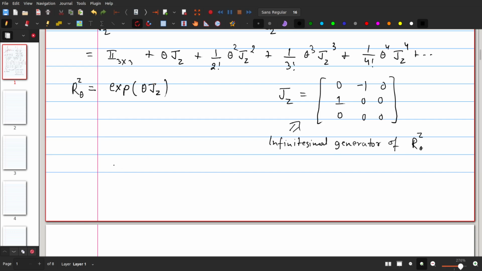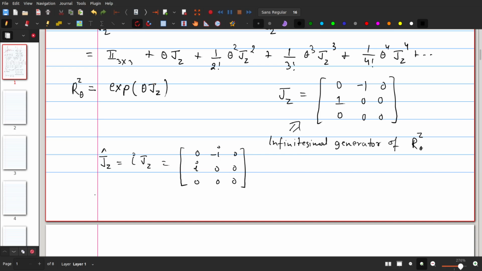In physics literature, instead of writing our generator as a real antisymmetric matrix, we usually write them as Hermitian matrices. So we define a new matrix jz cap as I times jz, and this matrix is 0 minus I 0 I 0 0 0 0 0.